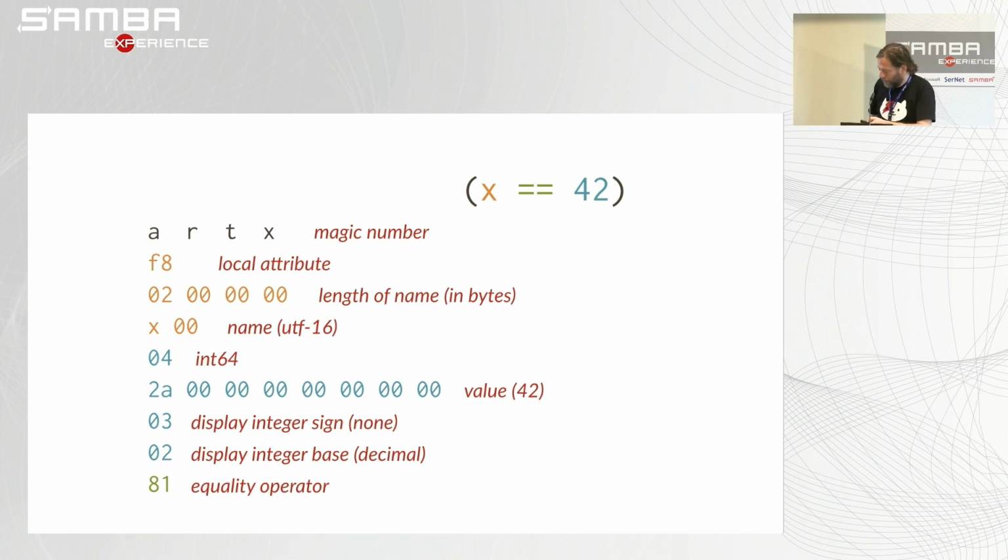So we have the magic number, and then this is saying that the next few bits are a token for a local attribute, whose name is x. It's too long, so even though the whole thing can only be less than 64k, you get a 32-bit length. The battery's getting flat on this.